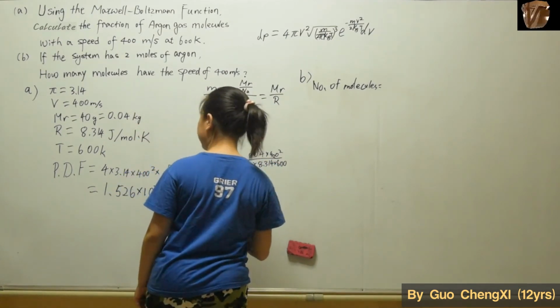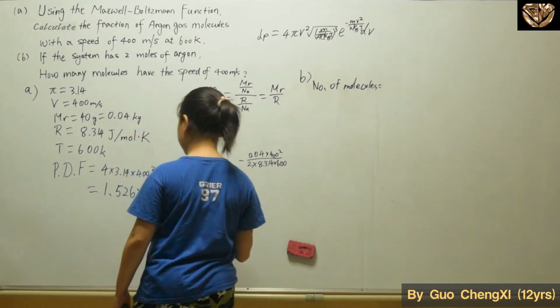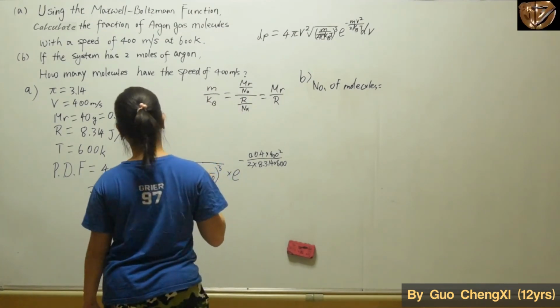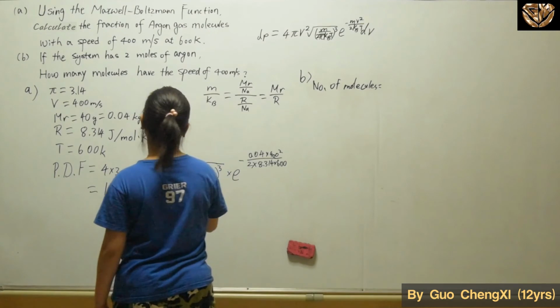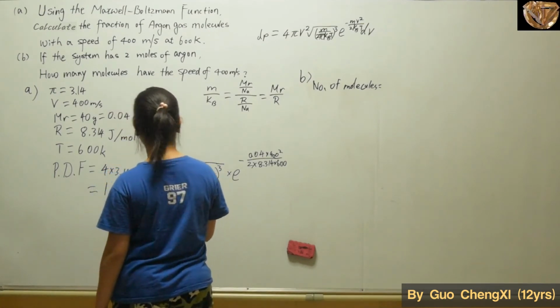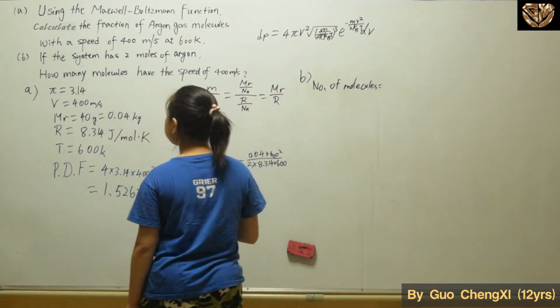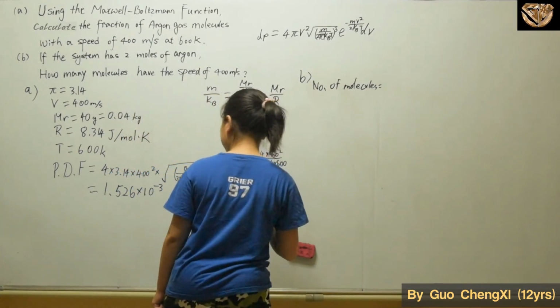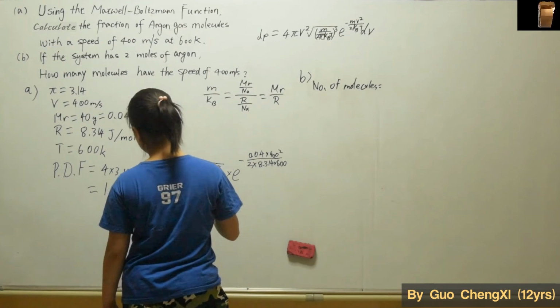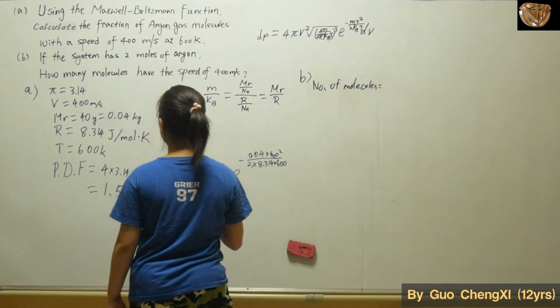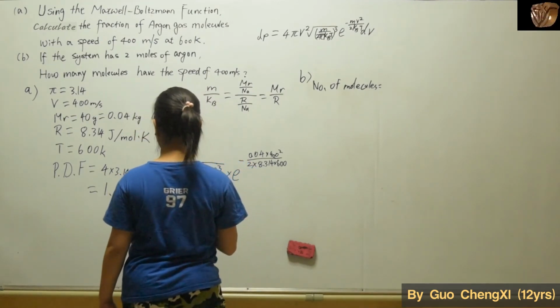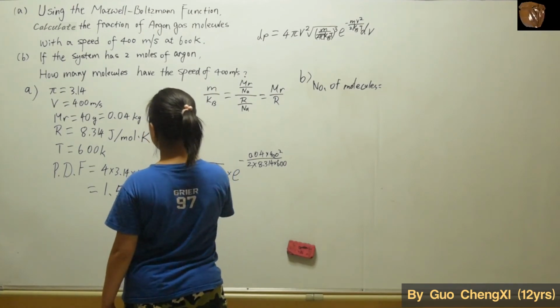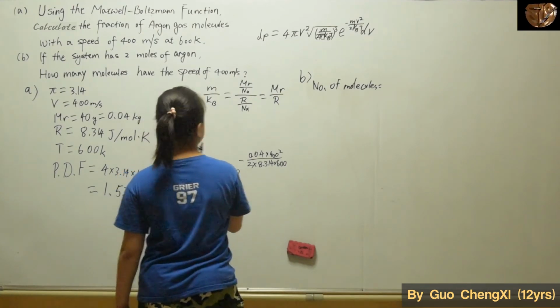It is still argon, so the molar mass is going to be the same, still 0.04 kg. Then after that, the speed is the same, 400 meters per second. Pi and r are both the same because they are constants. Well, for the temperature, it is also 600 Kelvin.